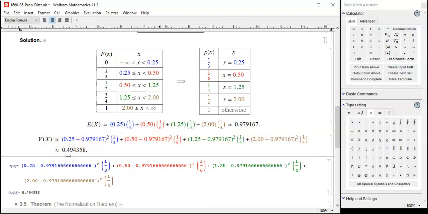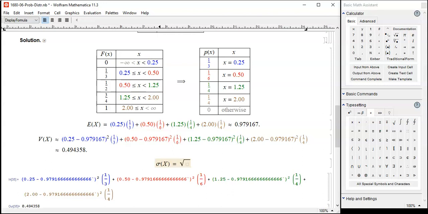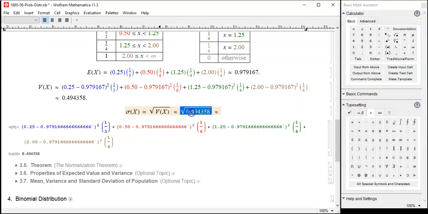All right. And thus the standard deviation, which is the square root of the variance, which is approximately the square root of this, what's this?